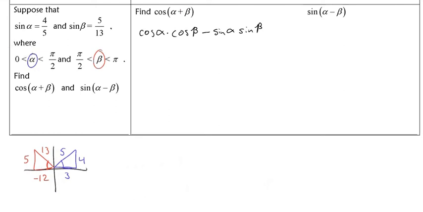So cosine of alpha, so here's alpha, what's the cosine going to be? Well, cosine of alpha is 3/5, times, now the cosine of beta is going to be -12/13, so times -12/13, and those are being multiplied together there.